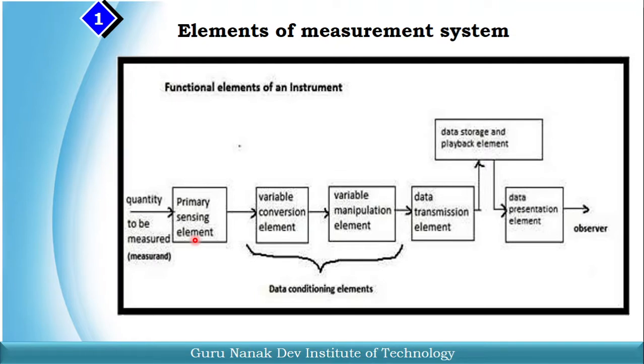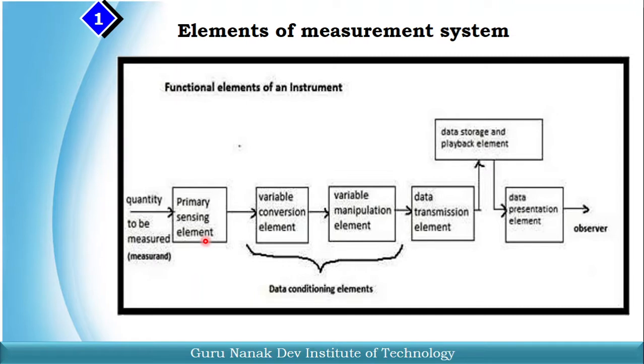So the primary sensing element is nothing but a sensor. In the previous example, your primary sensing element is a thermometer or temperature sensor, for example a thermistor or RTD, that will convert your temperature, heat energy, into electrical signals.